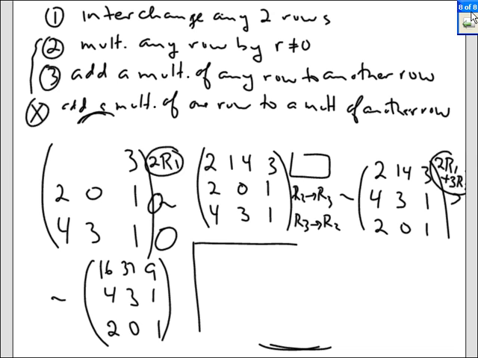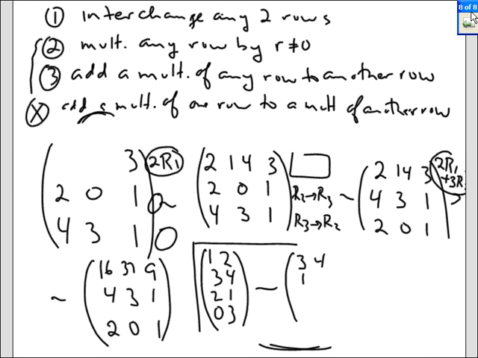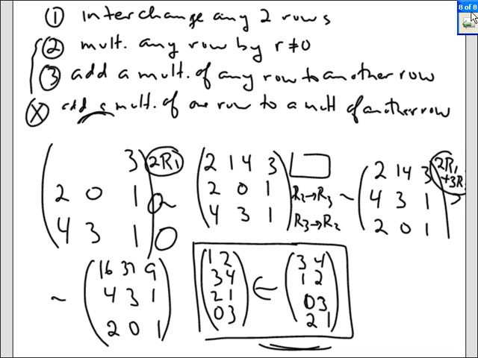If you have the matrix 1, 2, 3, 4, 2, 1, 0, 3, it is row equivalent to this one. I interchanged the first 2 rows, and I interchanged rows 3 and 4. And that's all I'm going to do. These 2 matrices are row equivalent. That's what that symbol means.